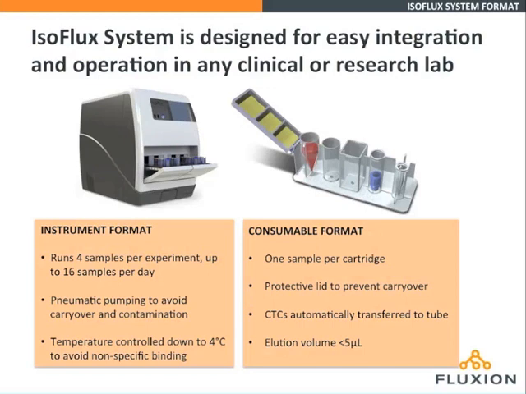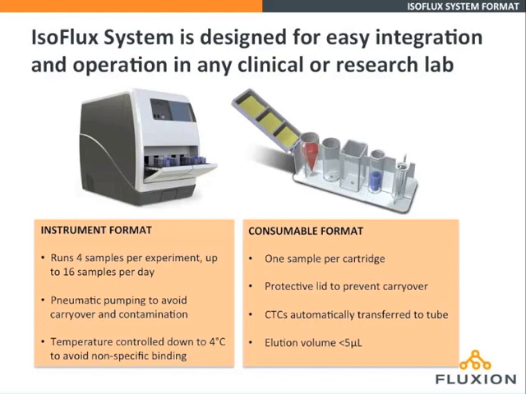We use pneumatic pumping, so we have a cartridge where the biological fluids are contained, and no part of the system ever comes in contact with the biological sample. That's really important in order to basically eliminate the possibility of carryover and contamination from sample to sample.